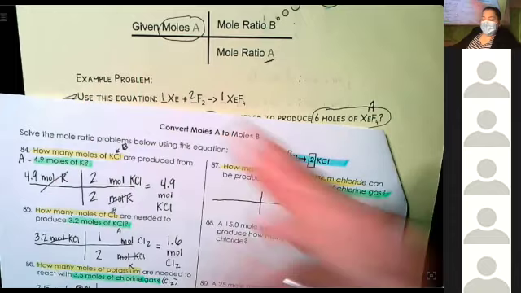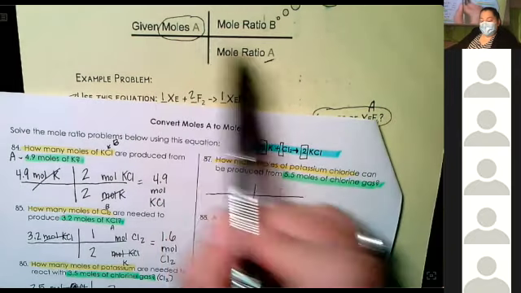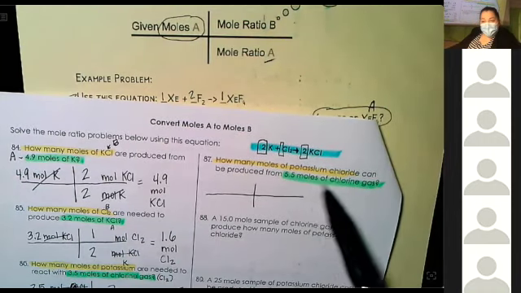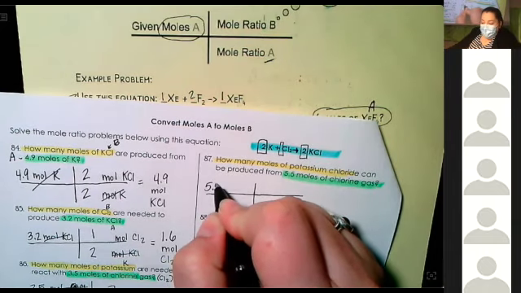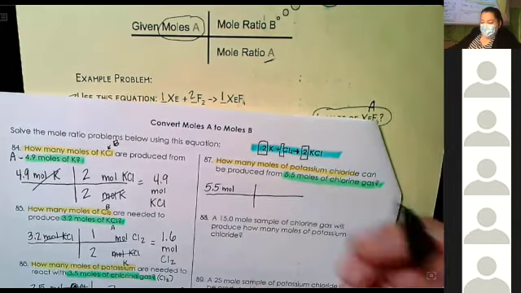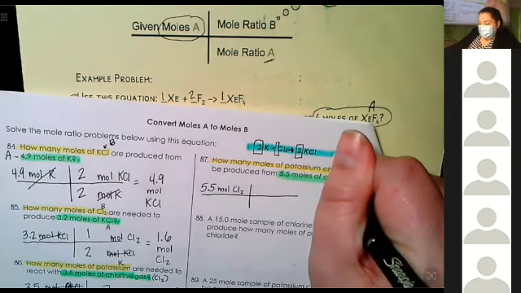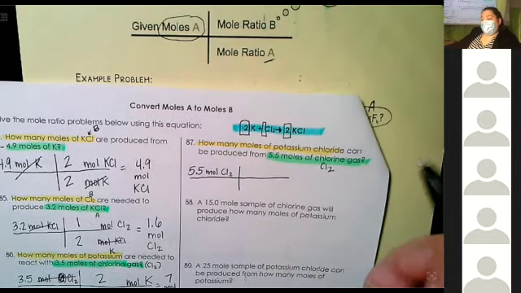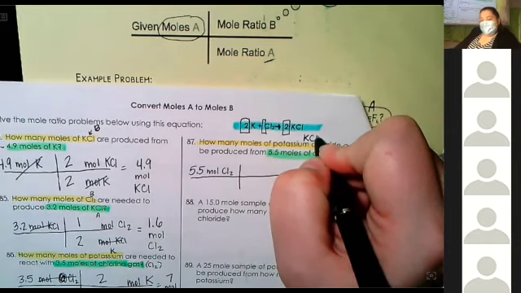So what you're going to do is write your given moles of whatever substance A is. Whatever's given in the problem, whatever number. So we started with 5.5 moles of chlorine gas, which is Cl2. And then it says how many moles of potassium chloride. Potassium chloride is KCl.